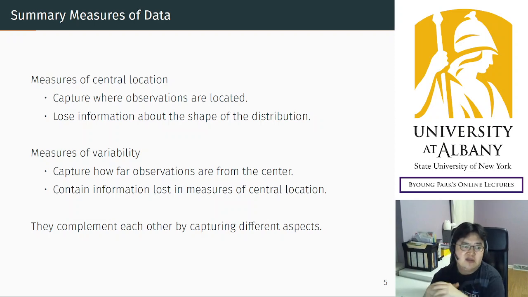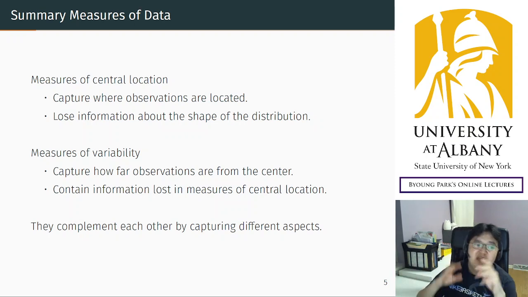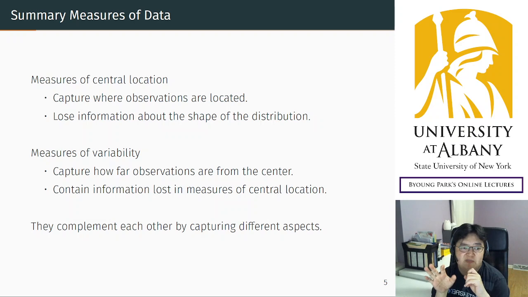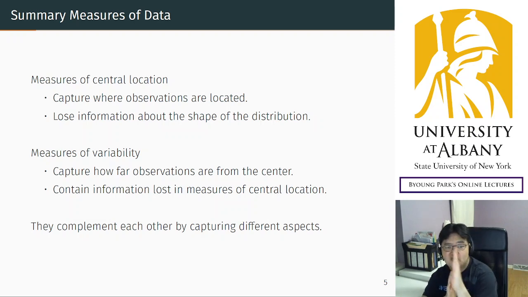On the other hand, the measures of variability capture how far observations are from the center. As I said, it's about spread, how far away from the center. It's not about the center, but given the center, the measures of variability capture the distance away from the center.